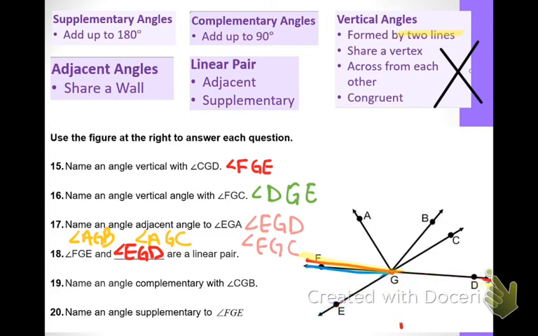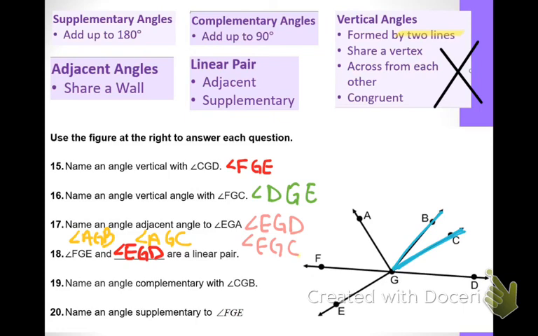Name an angle complementary. What does complementary mean? That adds to 90. And again, we normally would have a right angle box. But here, they just want you to verify with the corner of your paper. You can always find right angles. So here, we're talking about CGB. So you want to see if one of these sides forms a right angle.